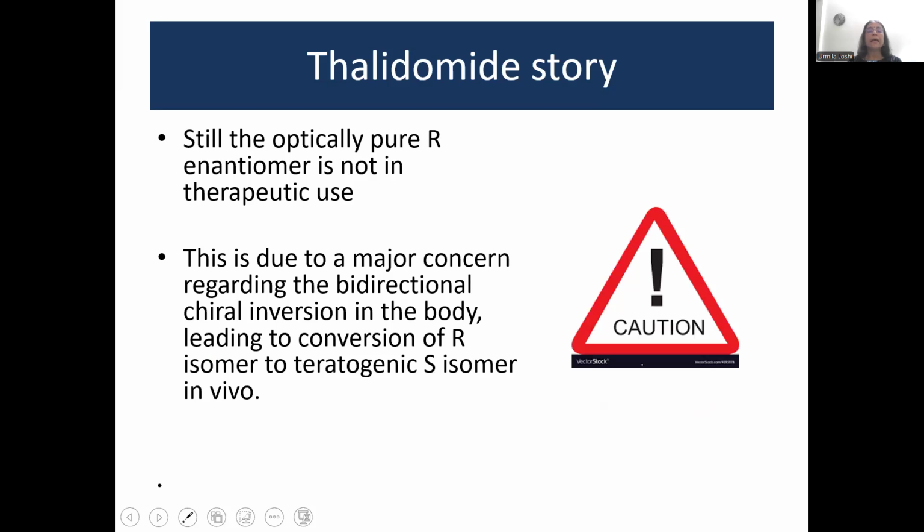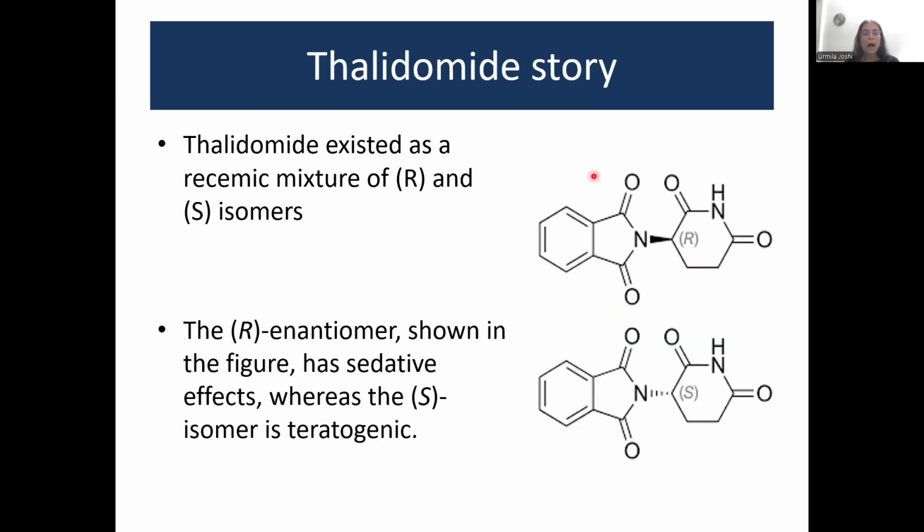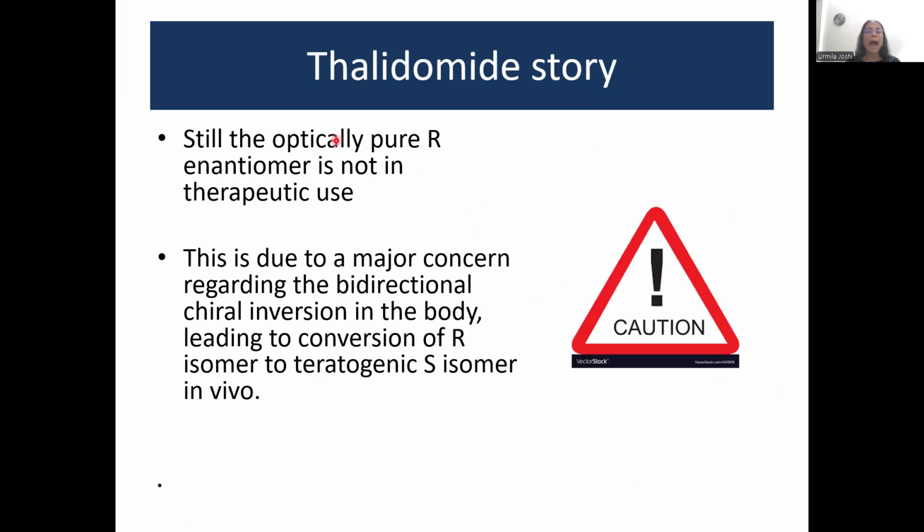When it was realized that the R isomer has the biological activity and the S isomer is teratogenic, initially there were efforts to separate them and use only pure R isomer, but it was never used therapeutically because of a major concern, and that is the bidirectional chiral inversion in the body.